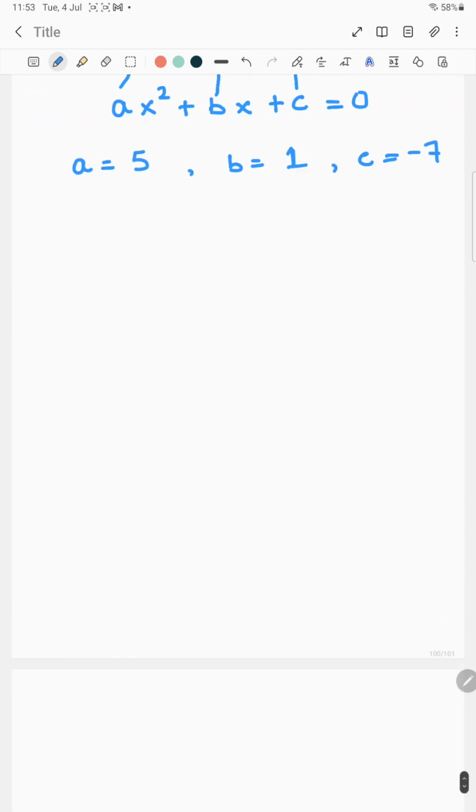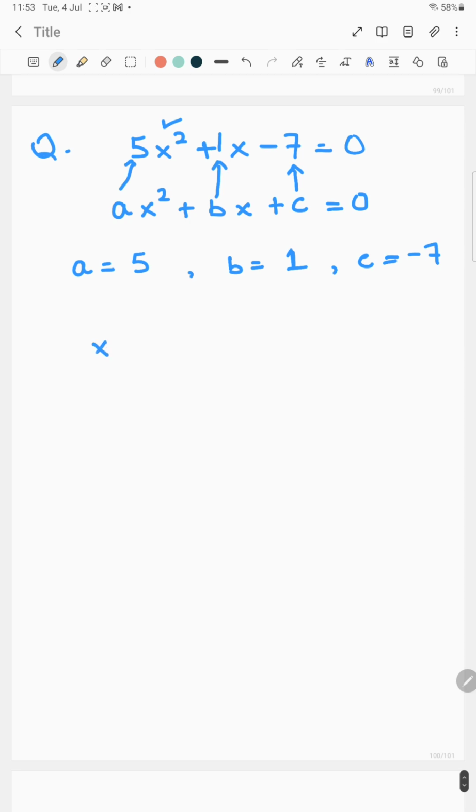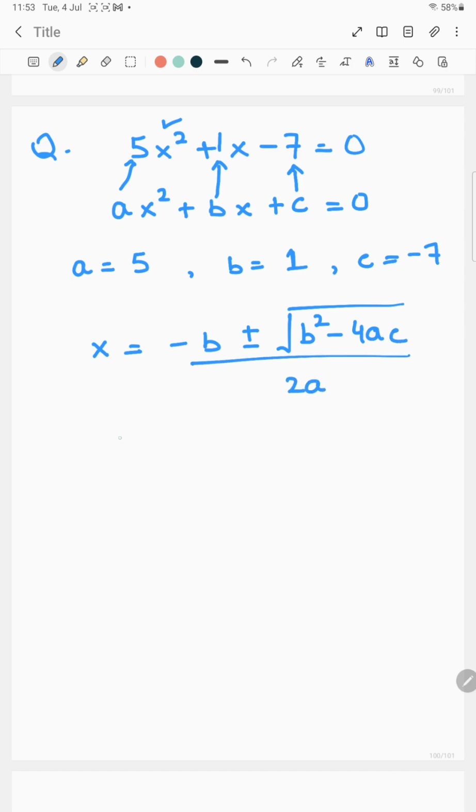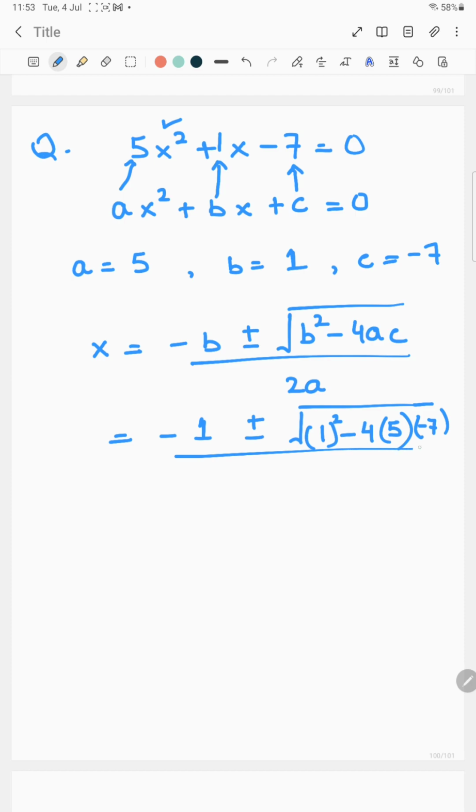Then we will write the quadratic formula. The quadratic formula is x is equal to minus b plus minus square root b square minus 4ac divided by 2a. Now this is minus, and we will put the value of b, which is 1, plus minus square root 1 square minus 4, a is 5 and c is minus 7, whole divided by 2 times a, a is 5.